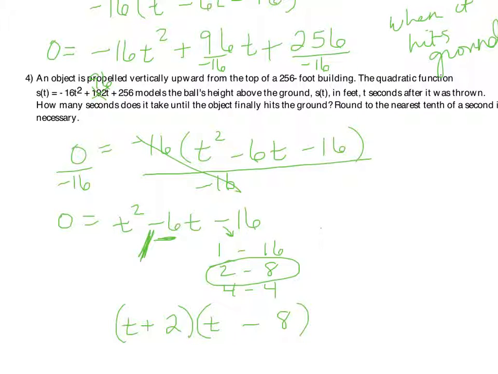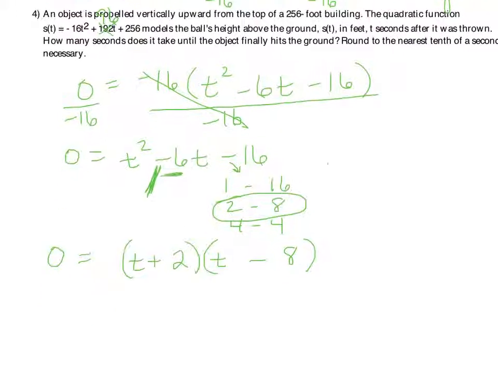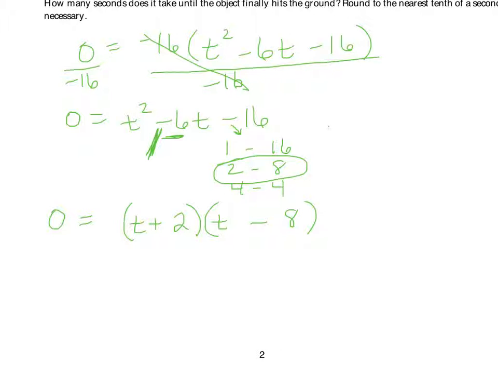When I multiply them, I get negative 16, so now it's factored. And if you multiply two things and you get 0 for an answer, either the first thing is equal to 0 or the second thing is equal to 0.